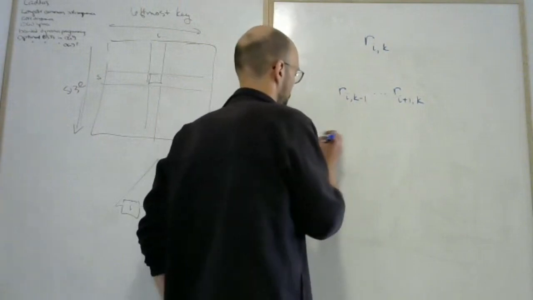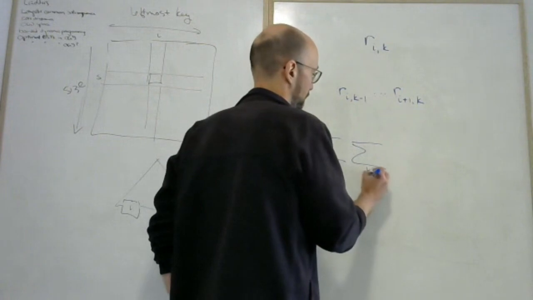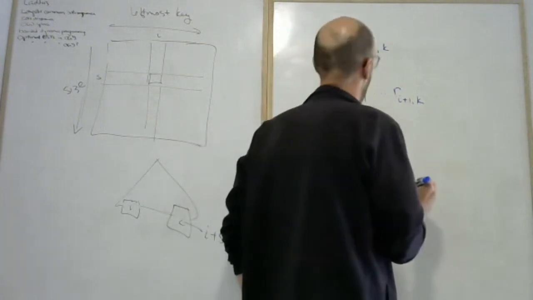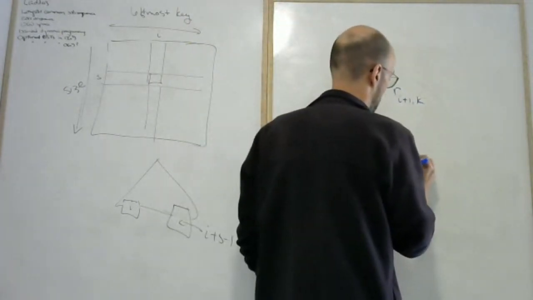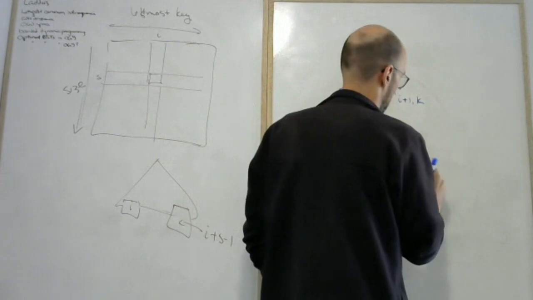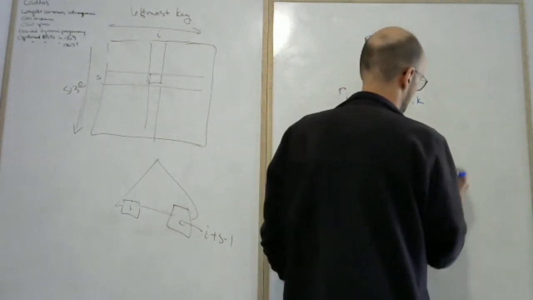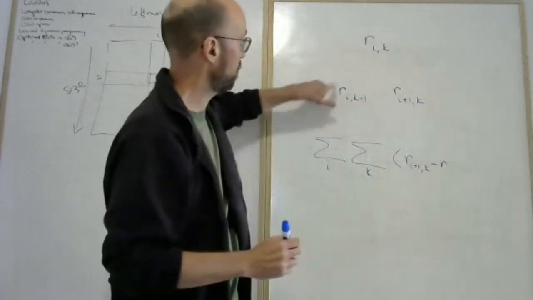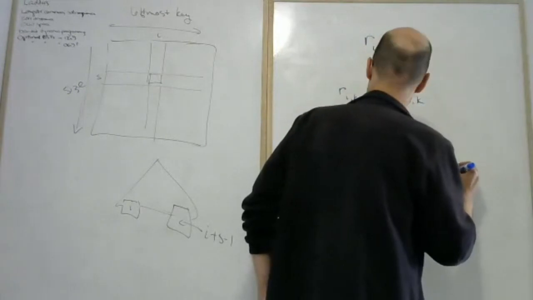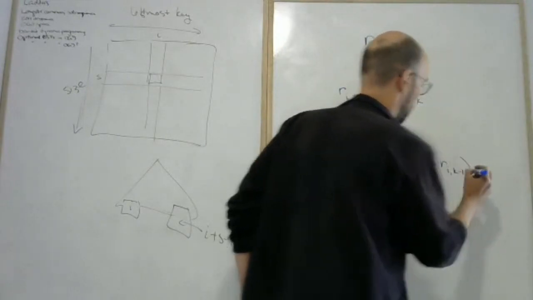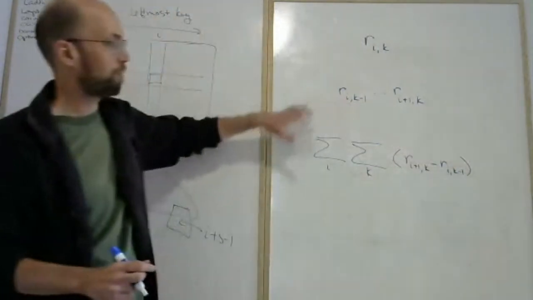So that means that to compute r_{ik}, the time you need is r_{i+1,k} minus r_{i,k-1}, because this is going to be to the right of this, or equal. So the total time is going to be something like this.